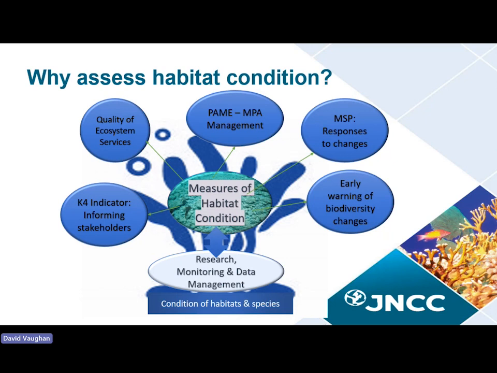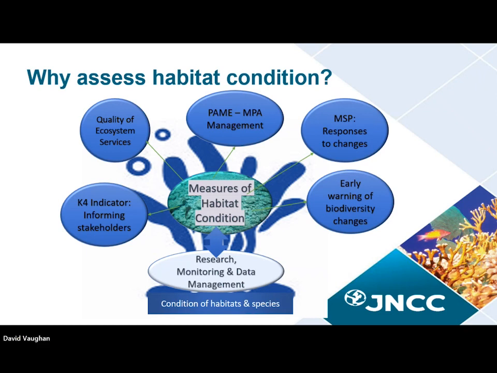But critically, it's also providing the services that people want and need and depend on. We're not going to talk about that here because that's going to be covered in another workshop. And also just general education and stakeholder information and reporting for wider requirements.